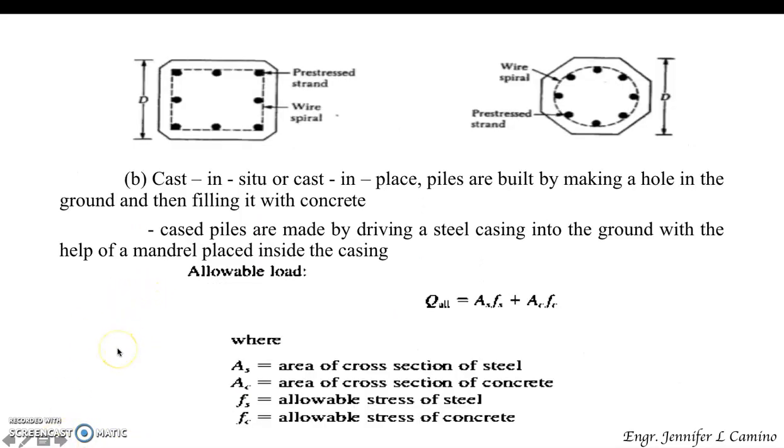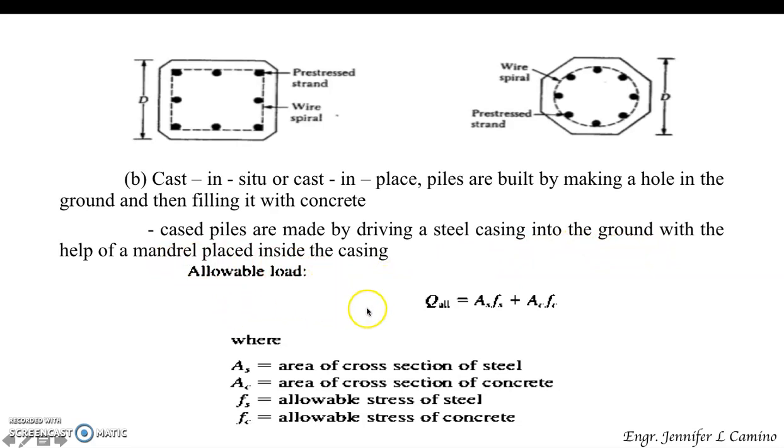Then we have the second type of concrete pile, the cast-in-situ or cast-in-place piles, which are built by making a hole in the ground and then filling it with concrete. Basically, you make a hole in the ground surface, then you fill it with concrete. That is what we call cast-in-situ or cast-in-place concrete piles. Cased piles are made by driving a steel casing into the ground with the help of a mandrel placed inside the casing.